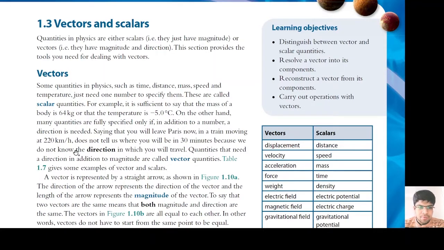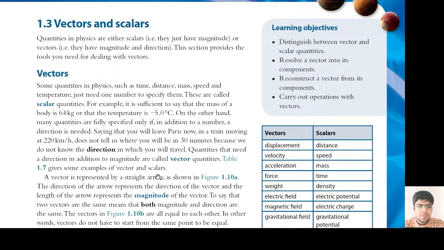We just know the time. So quantities that need a direction in addition to the magnitude are called vector quantities. Vector quantities have magnitude as well as direction.